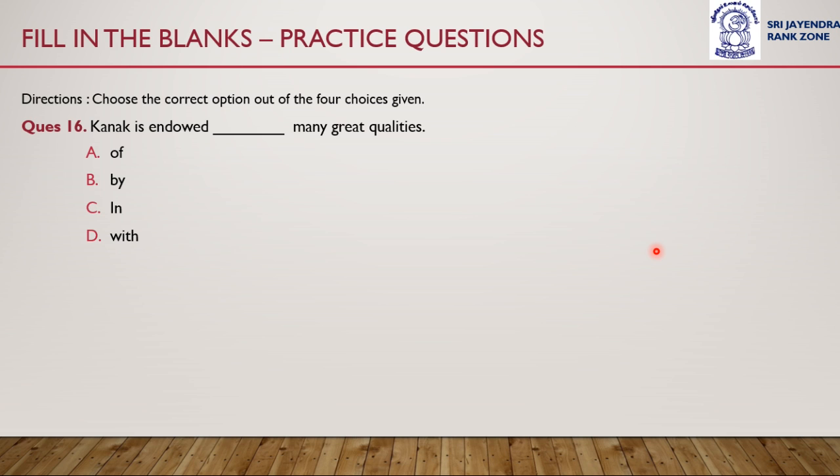Question number 16 is, Kanak is endowed dash many great qualities. Options are option A of, option B by, option C in, and option D with.